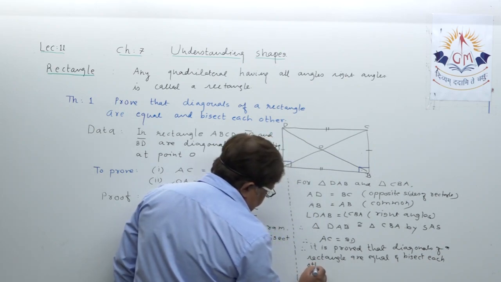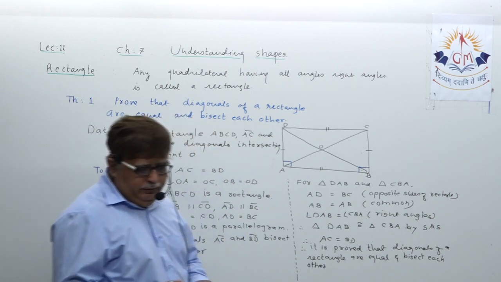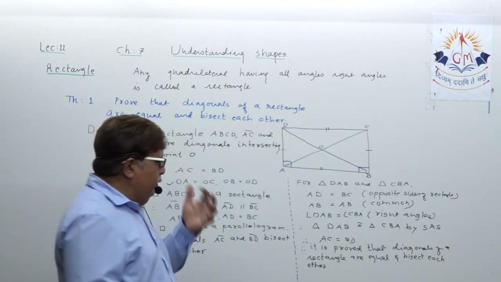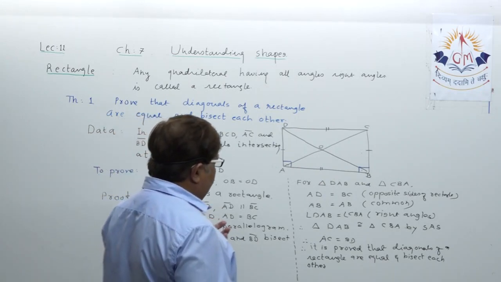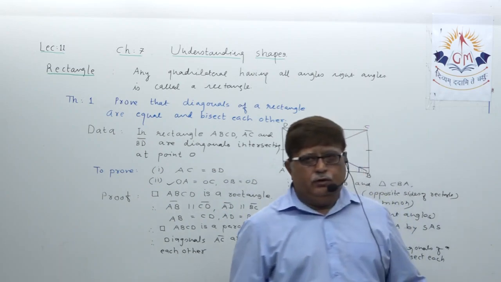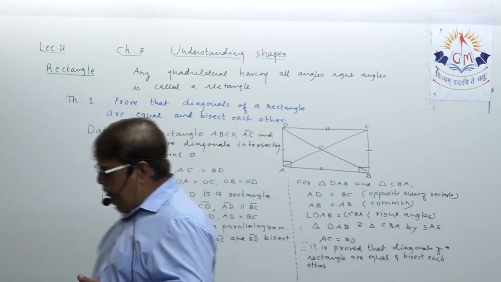The facts are proved now. Understood? So this is the way we have proved this theorem, and a very important property of a rectangle which you also need to remember.